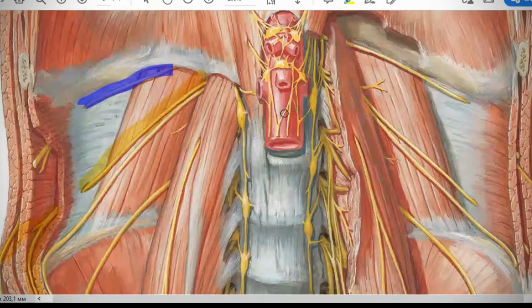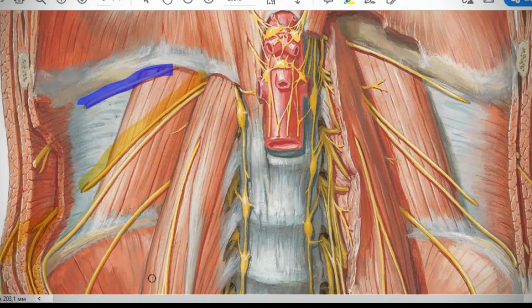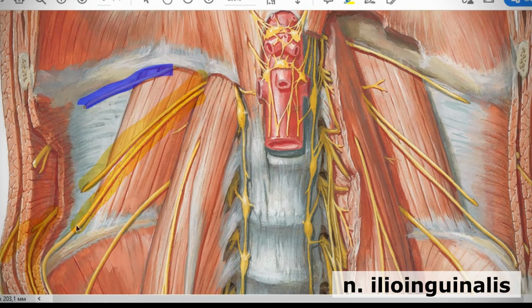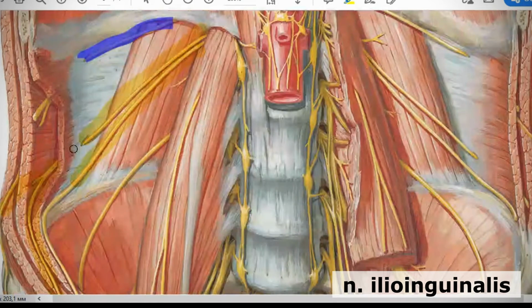Next one, right below it, is the second nerve that also comes out from under the lateral margin of musculus psoas major. It is called nervus ilioinguinalis, the ilioinguinal nerve. It goes in a direction parallel to the iliohypogastric nerve and to the iliac crest.